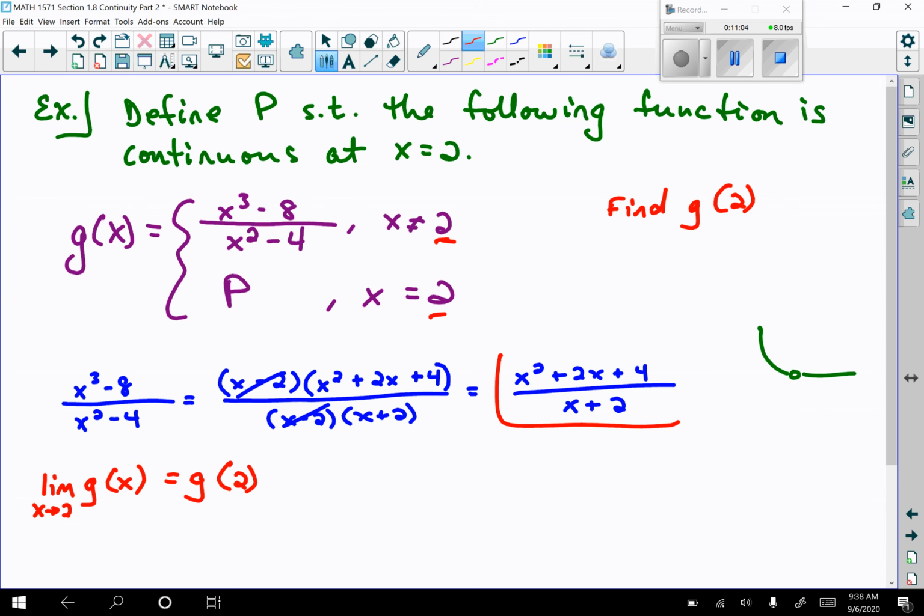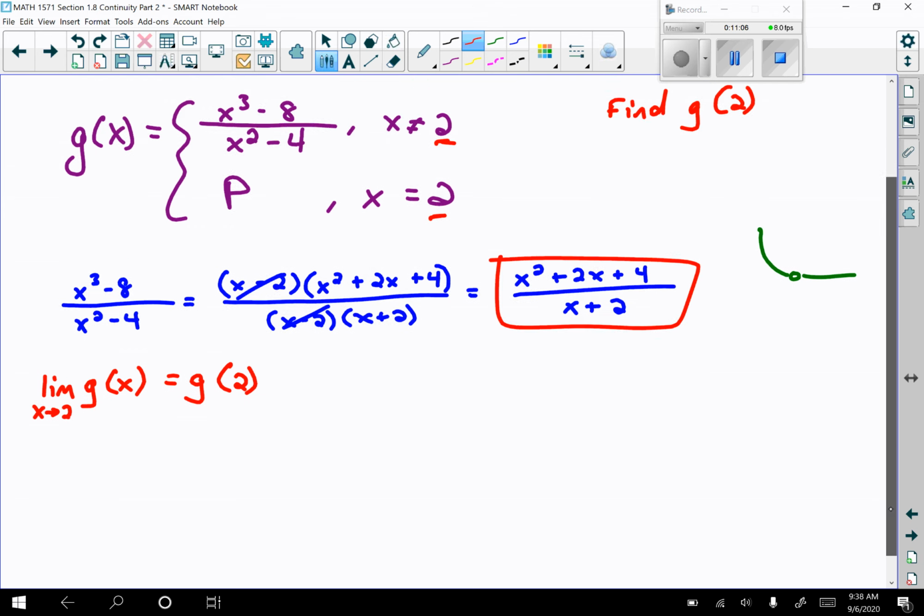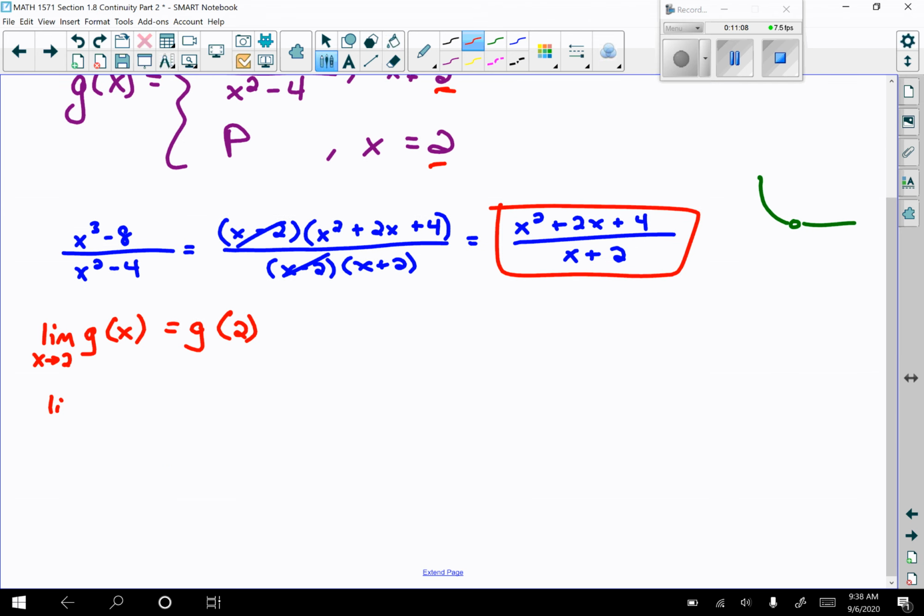Well, now that we simplify g of x, this is what we're going to use for our limit. So I'm going to say the limit of x squared plus 2x plus 4 over x plus 2 as x approaches 2 is going to equal g of 2. So I could just do direct substitution here.